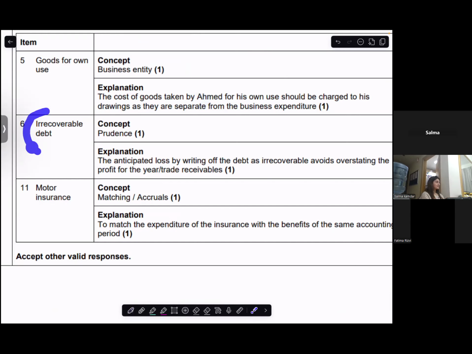Now, bad debts, irrecoverable debts. Is it a certain loss or an uncertain loss? Certain loss. So, any loss that you anticipate for the future, or you have already known that it is a loss, you remove it from here, right? Following the law of prudence because you do not want to overstate your profits and your current assets.